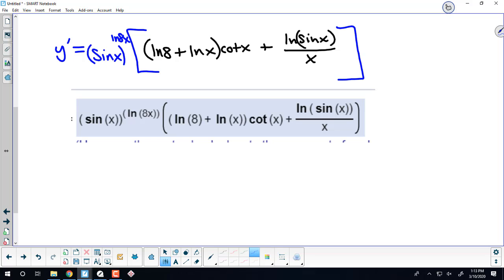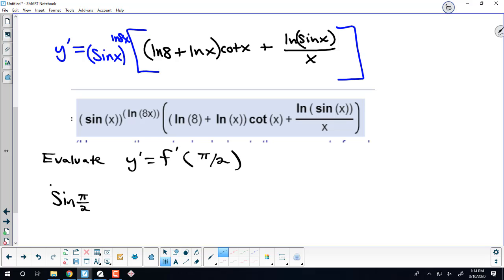And then we'll evaluate this. So we'll just write it out. Sine of pi over 2, and it's that value raised to the natural log of 8 times the pi over 2 power.